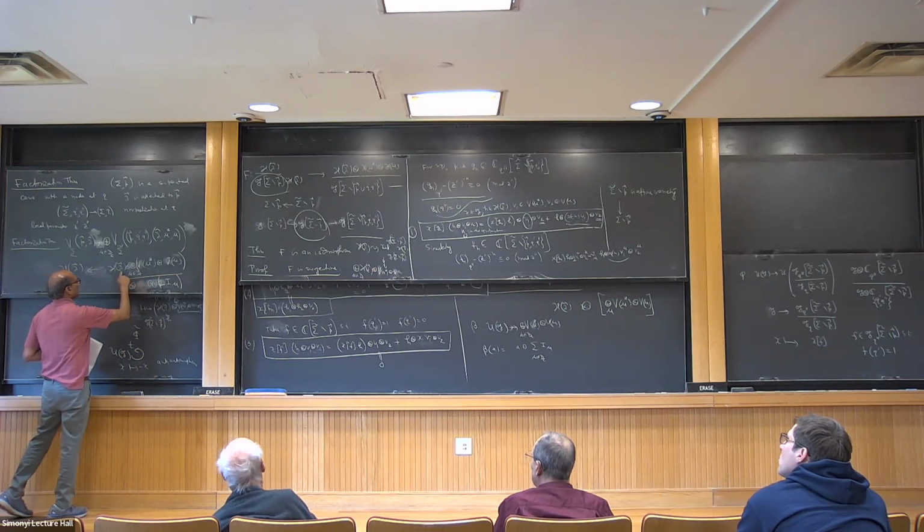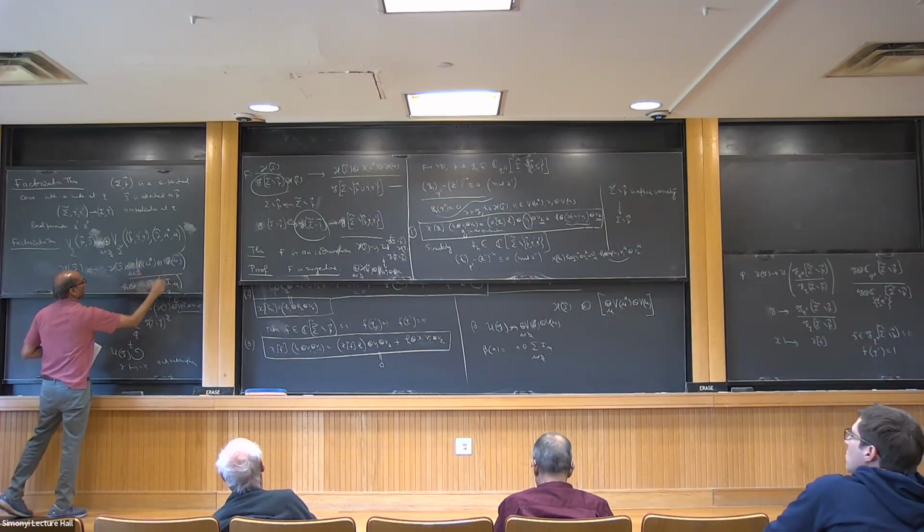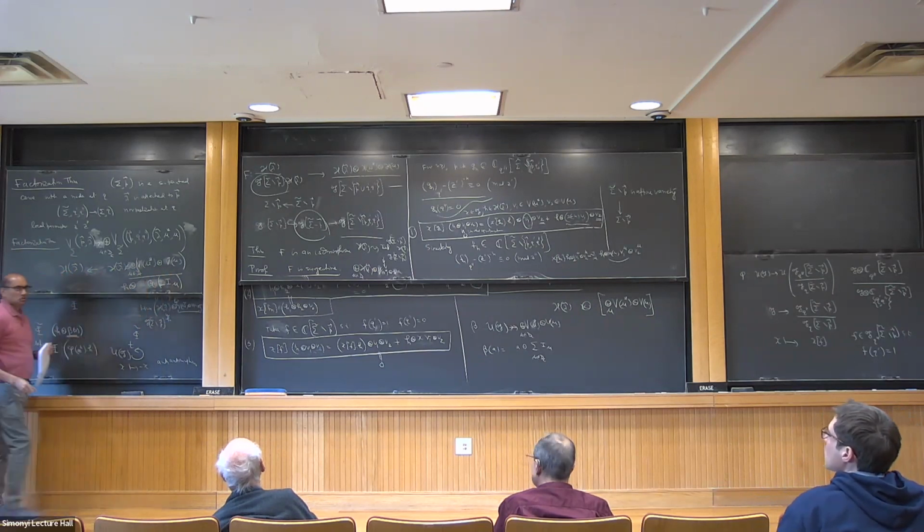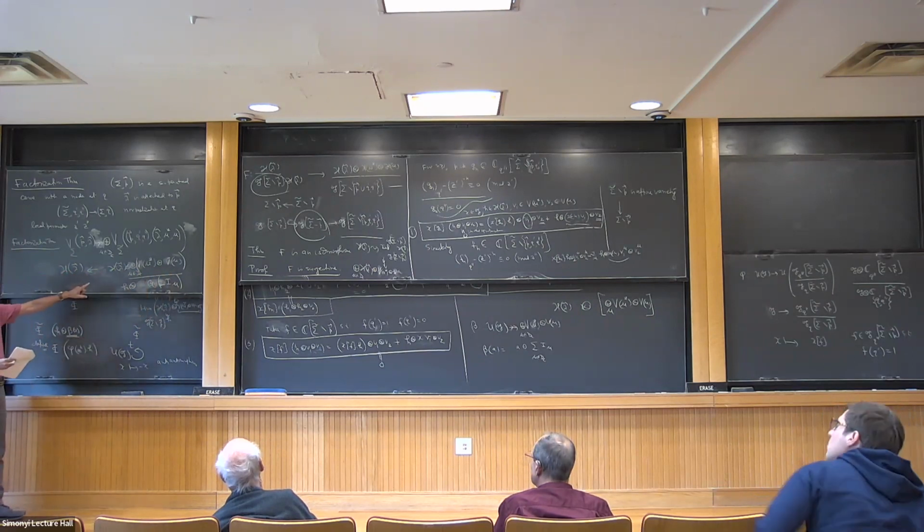h tensor, h is here, and beta x direct sum I mu is here. And this is surjective, so I can write any element here.